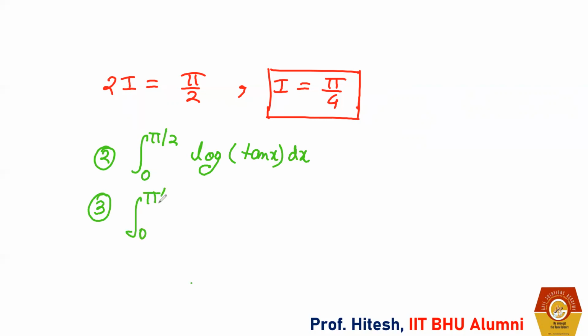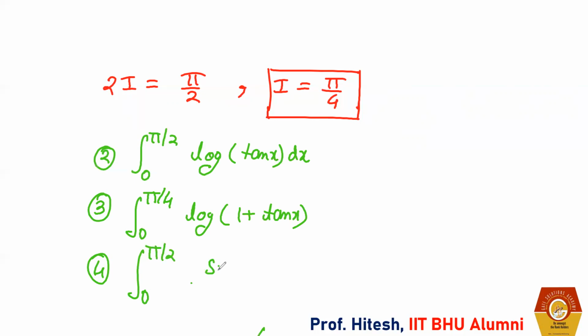Then the integral from 0 to pi upon 4 of log of 1 plus tan x. Question number 4, same property, f of a minus x, right? Easily you are able to solve. The integral of sin x minus cos x divided by 1 plus sin x cos x dx.